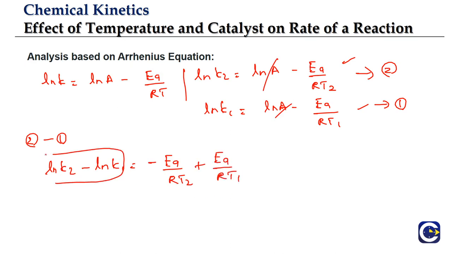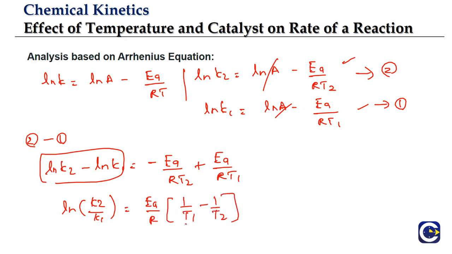Using the property of logarithm, log A minus log B will be log of A by B, so ln of k2 by k1 is equal to, taking Ea by R common, 1 by T1 minus 1 by T2. We can even express it as ln of k2 by k1 equal to Ea by R into (T2 minus T1) by T1 T2.